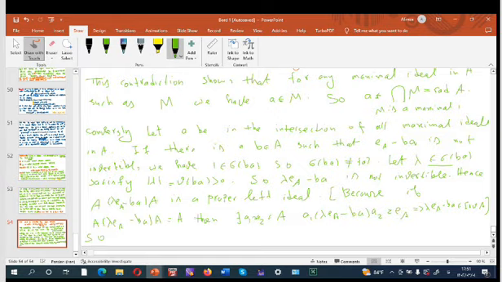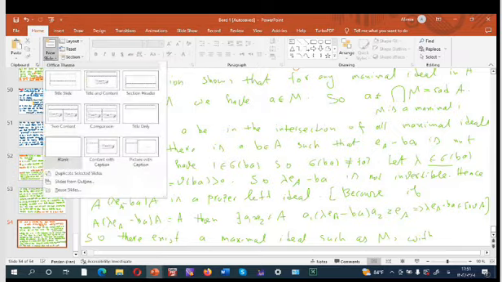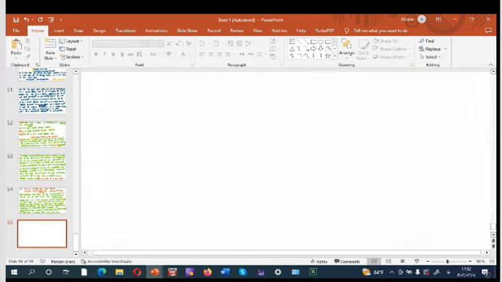So there exists a maximal ideal such as M with this property, that this ideal is a subset of this M.